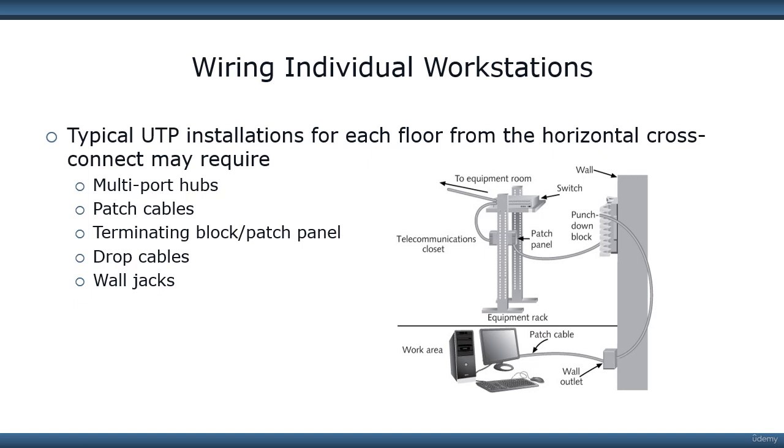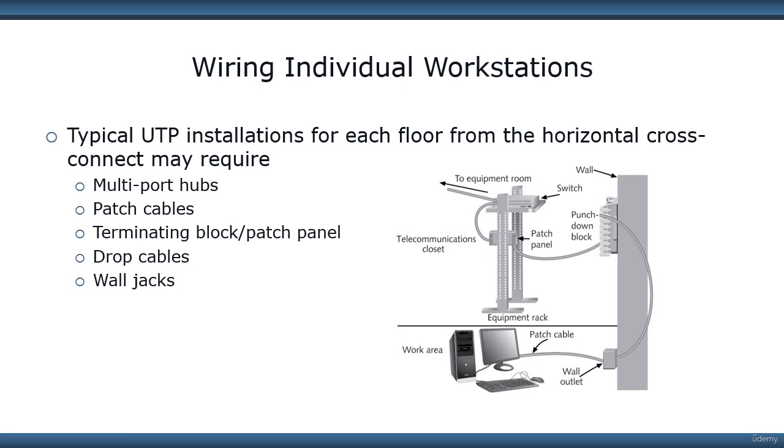Behind the scenes, that wall jack is connected to a punch down block. The punch down block is essentially where you terminate those UTP connections. We'll see a picture of this. The front of the punch down block is going to have a port like an RJ45 port, and so it's the patch. The patch cable is from that punch down block to the switch or the hub.